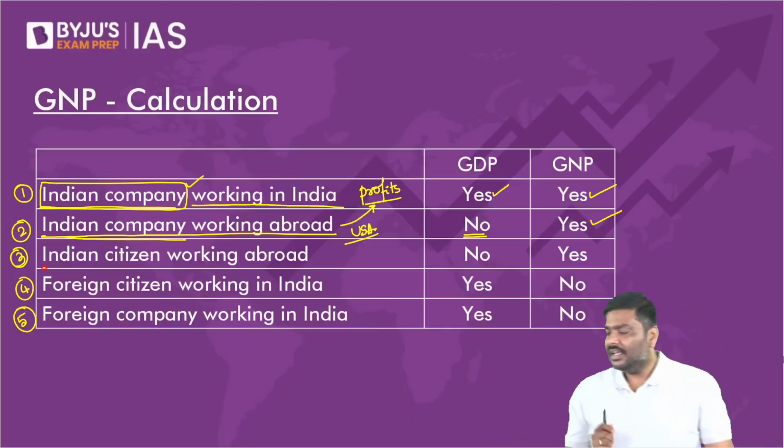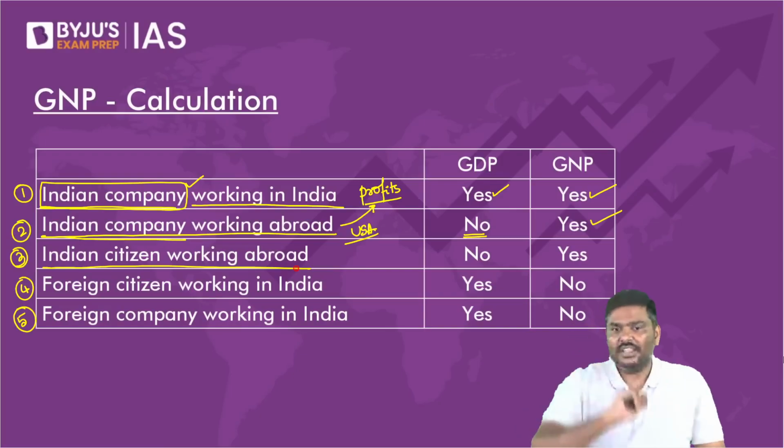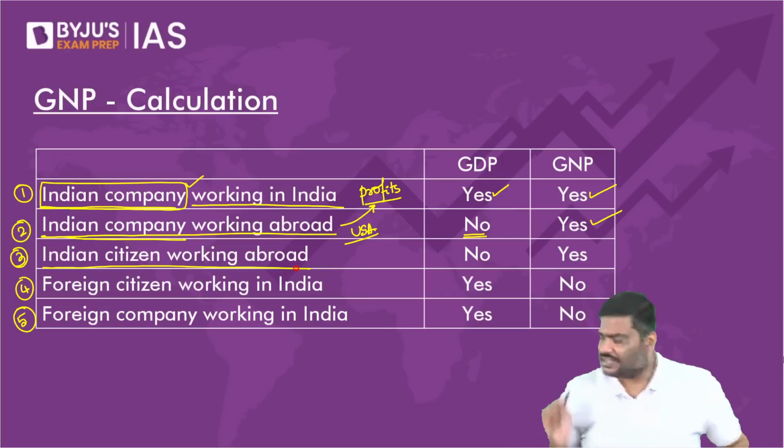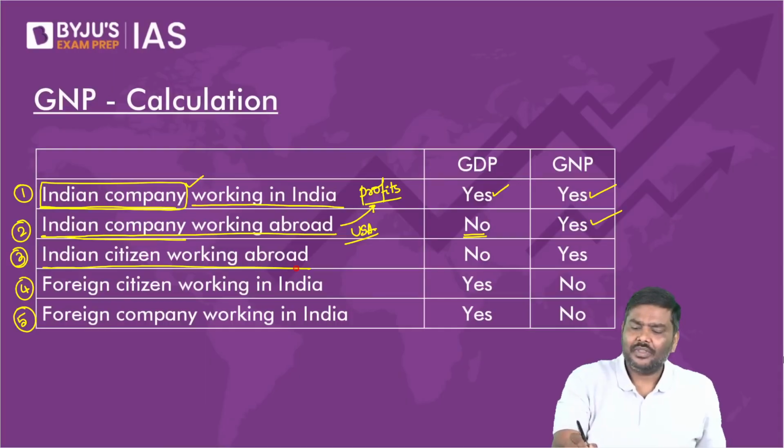Third statement. An Indian citizen is working abroad. Let's say you are a software engineer. You will go to USA for 6 months. Many of you must have seen this.